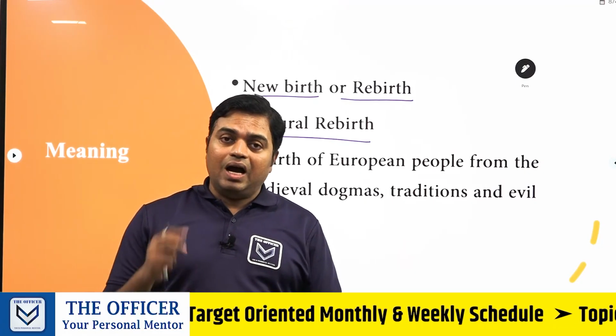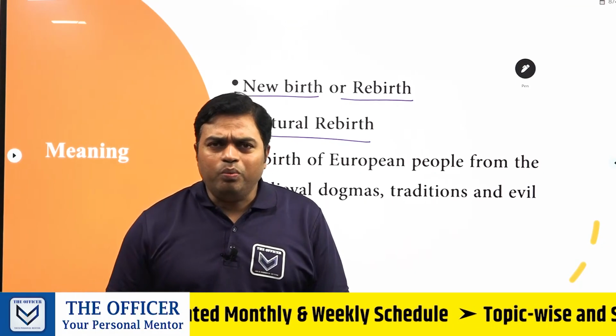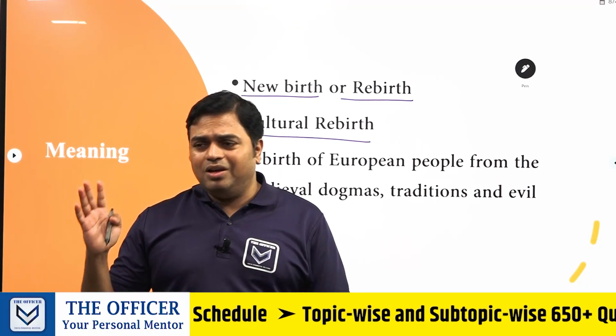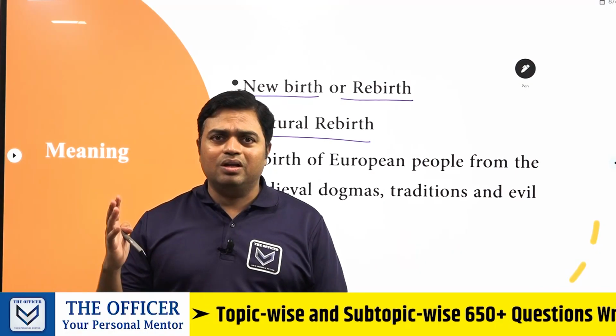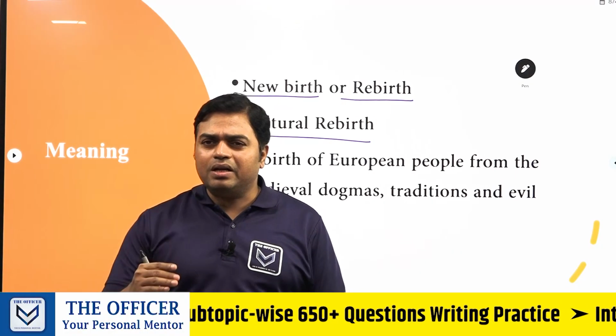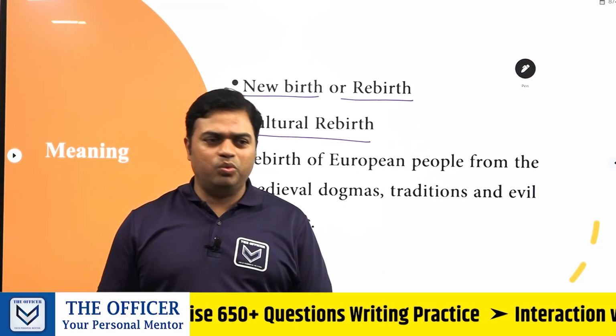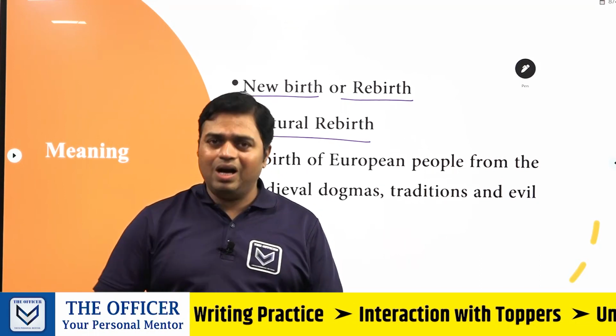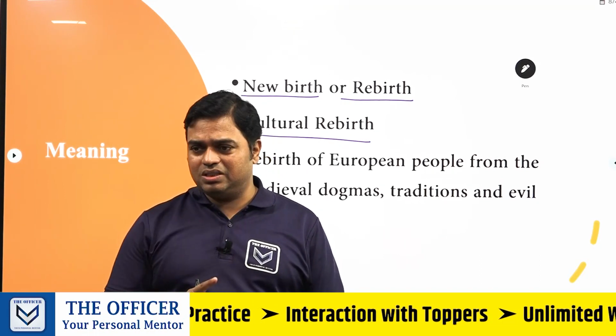Here, as the Pope was everything, it was not possible for Leonardo da Vinci or Michelangelo or any other scientist to directly challenge the authority of the Pope, but they knew they had to start the process.